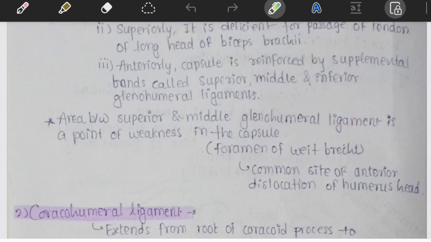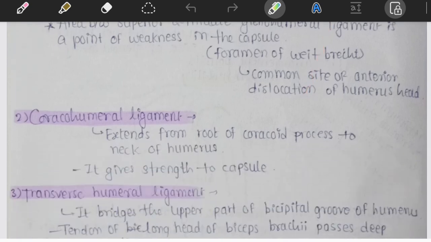Then we will see the coracohumeral ligament. It extends from the root of the coracoid process to the neck of the humerus. It gives strength to the capsule.